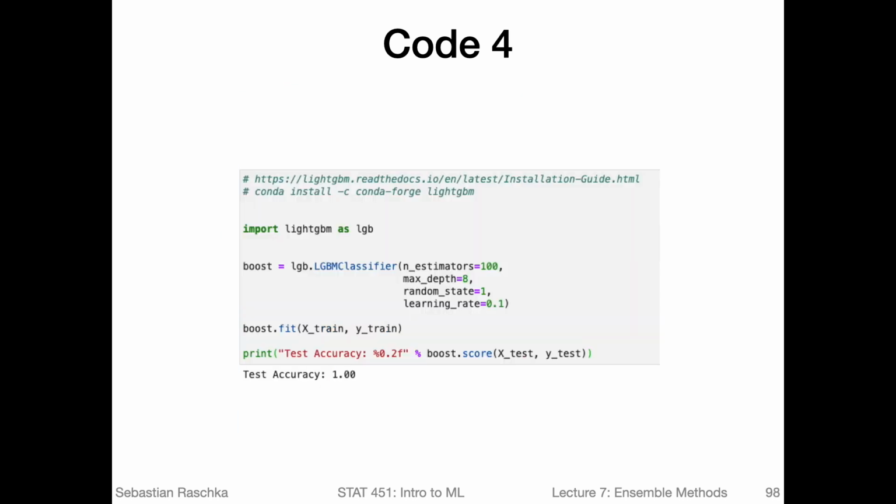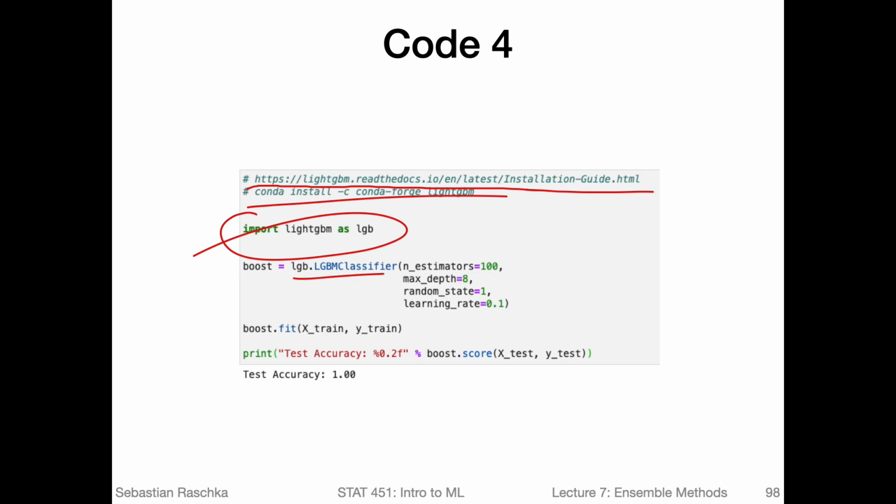Lastly, Microsoft's Light Gradient Boosting Machine, LightGBM. Again, I recommend you visit the official website for installation instructions. It might be different for different operating systems and so forth. I used Conda Forge, a Conda repository, to install LightGBM. After installing it, we can import it, and it follows an API similar to scikit-learn, which is nice.